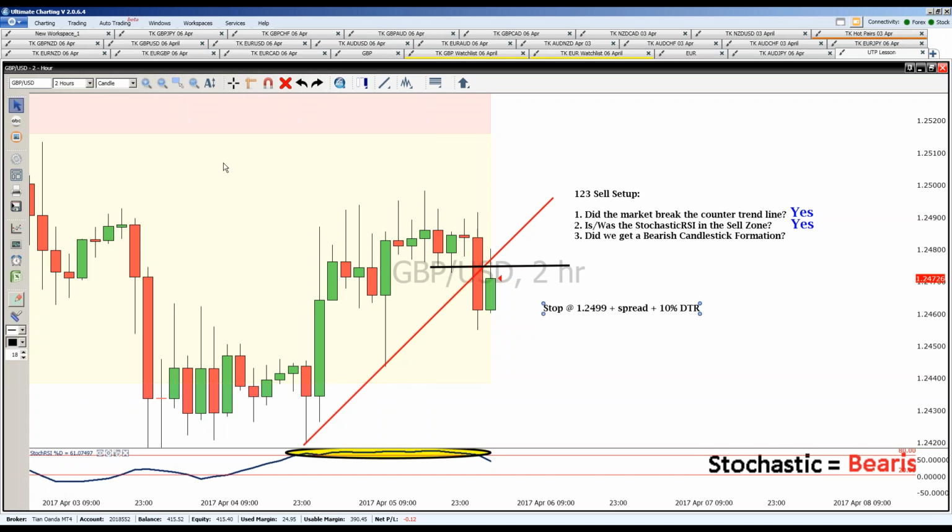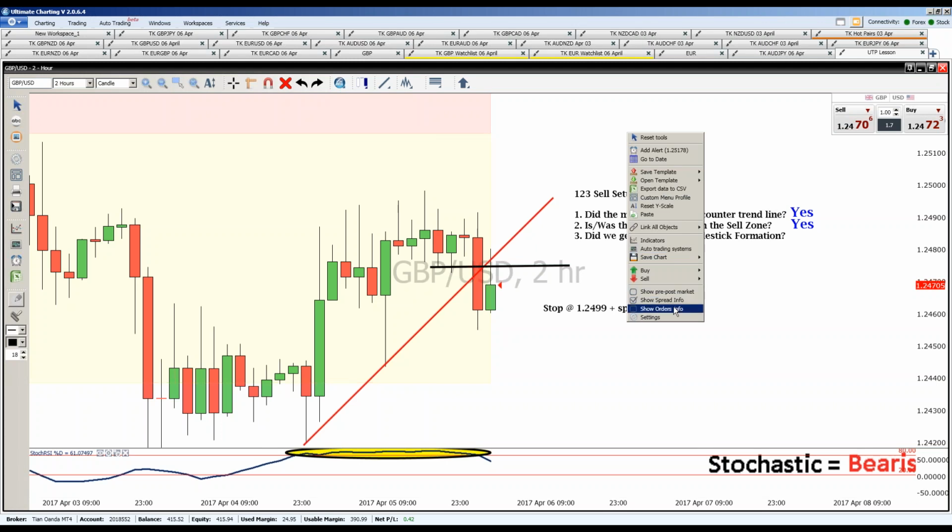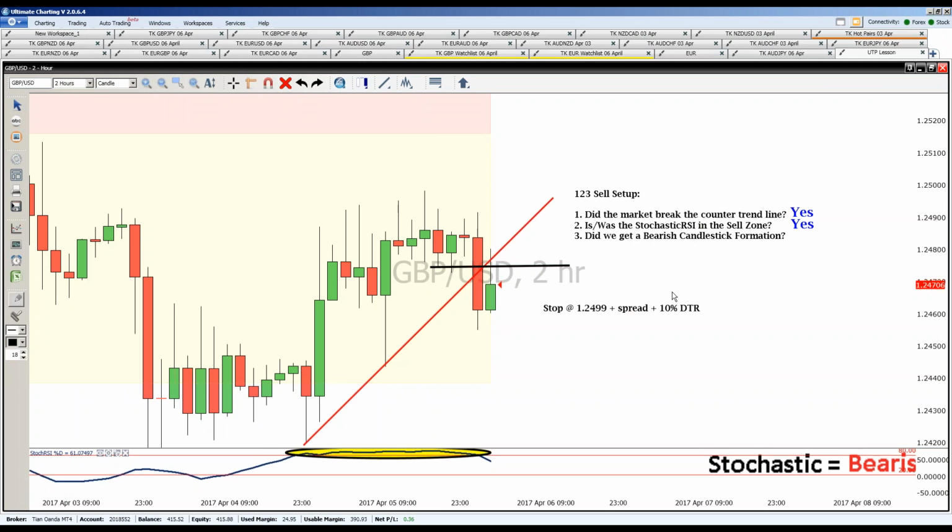Now, if I right click on the chart and go to spread info, I can see that the spread is 2 pips on the pound US dollar. So the spread is 2.